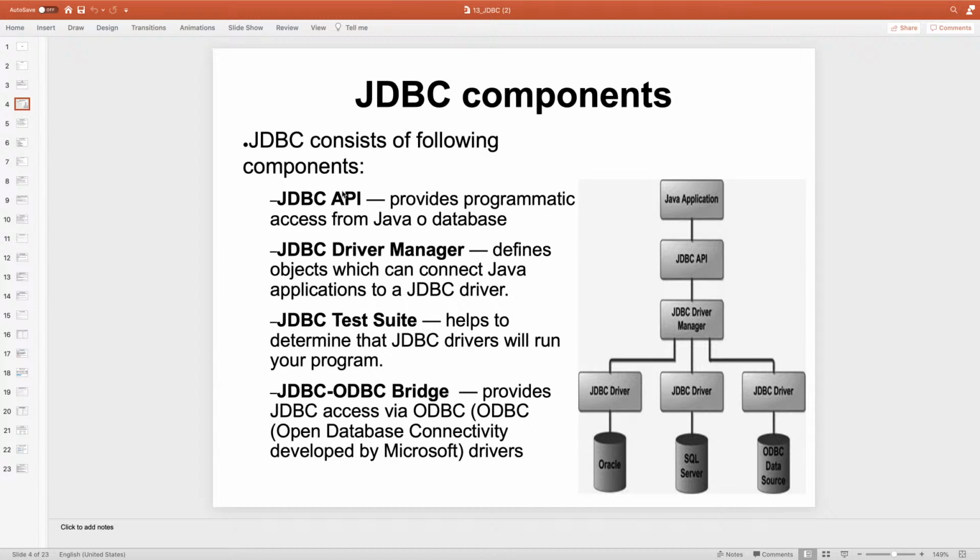So maybe let's go through the points. There's the API, which provides us as Java developers the access to the database. These are the classes which are used to manage all this hierarchy.